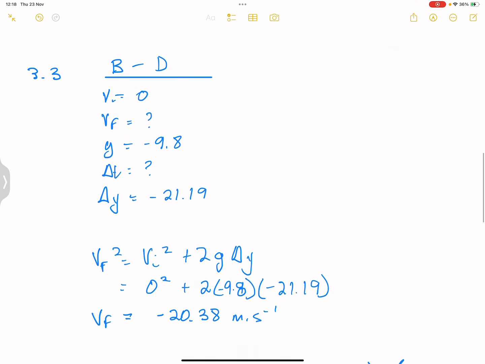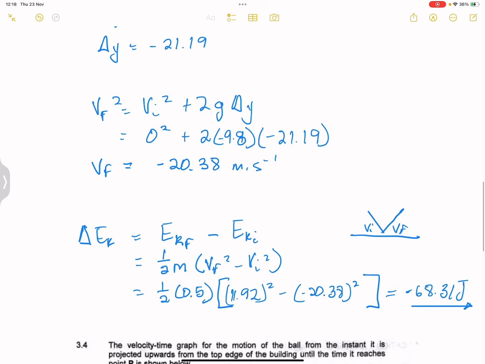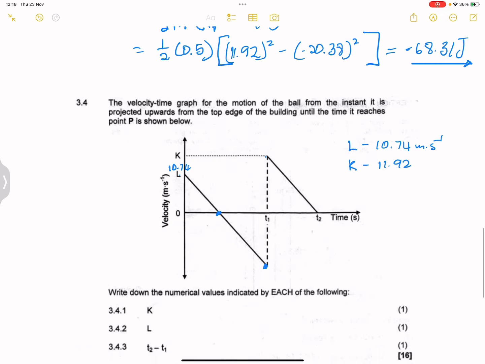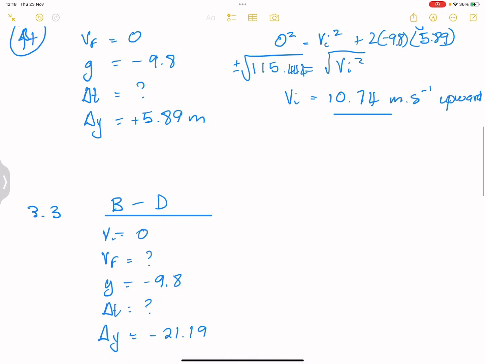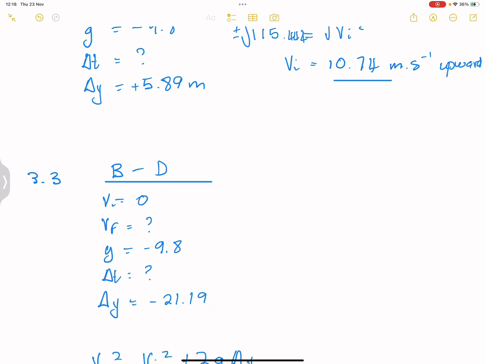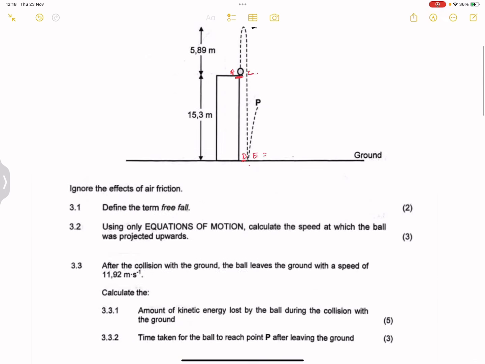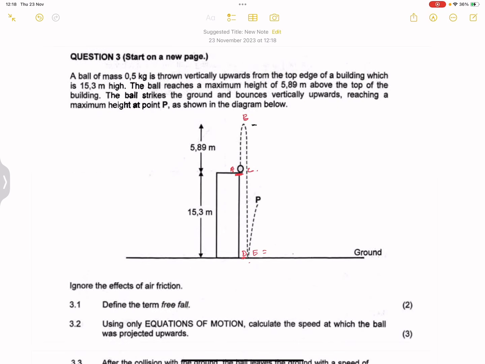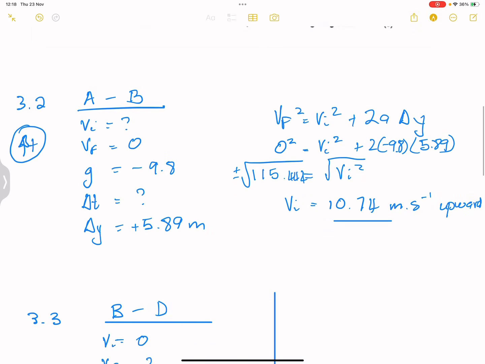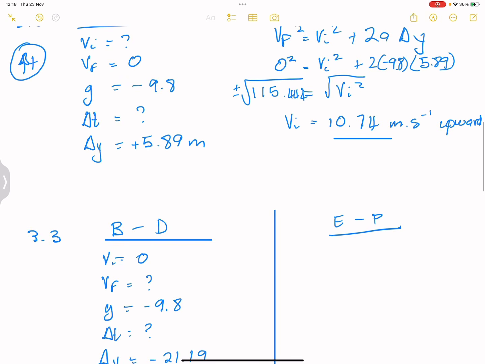So to answer that question, sorry about that, let me answer it over here. So the time that it takes to reach point P after leaving the ground, right? So remember, according to our sketch, this is from E to P. So from E to P, our initial velocity would be 11.92.